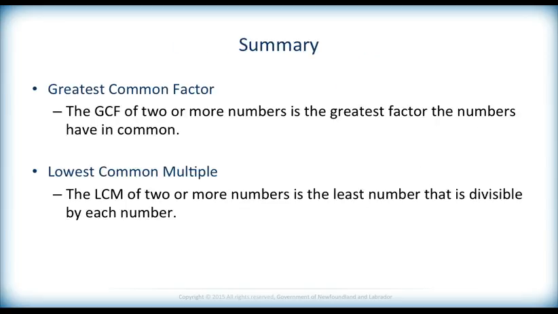In summary, the greatest common factor is the greatest factor the numbers have in common. So again, you could list your numbers out from the lowest to the highest and then find your GCF. You can use prime factorization or a Venn diagram. The lowest common multiple is the least number that is divisible by each number.